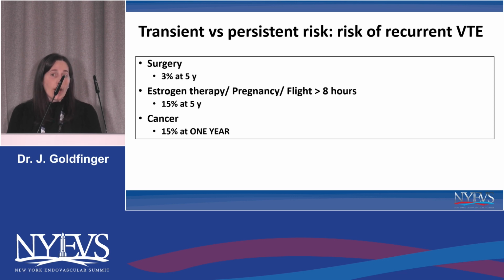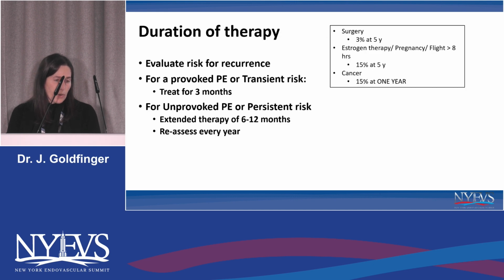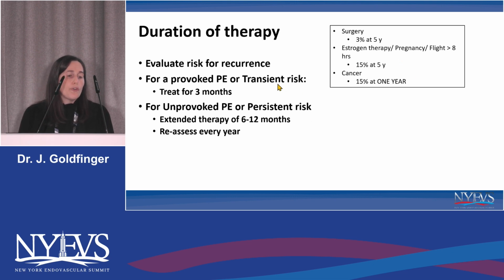Estrogen, pregnancy, airplane flights fall into the middle, and cancer is the high risk category. So when you're deciding how long to treat, and you have this handy dandy chart to help guide you, for a PE that's provoked with a transient risk, you're doing at least 3 months, but not necessarily longer.